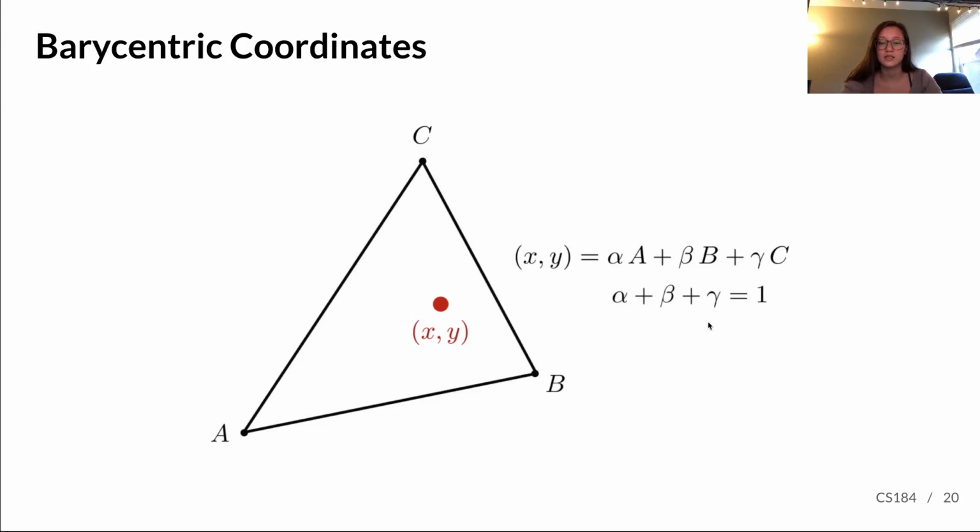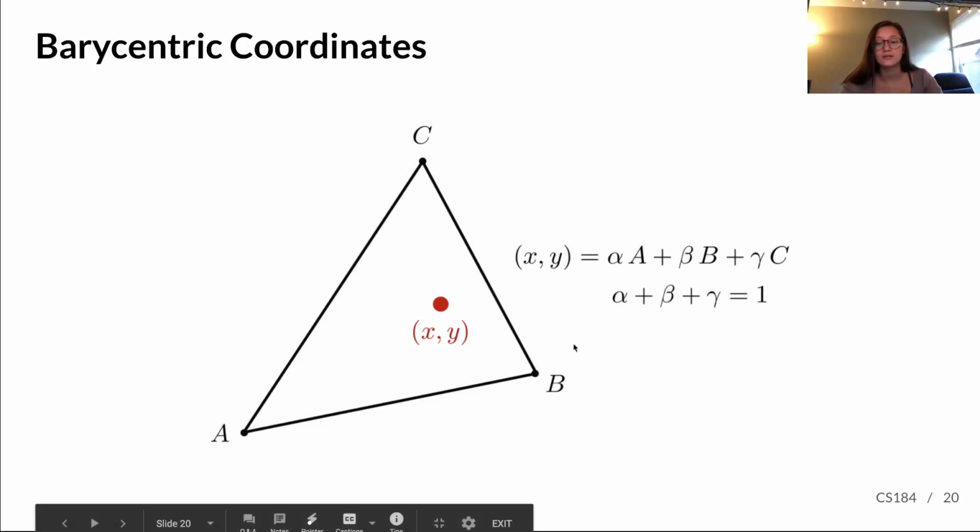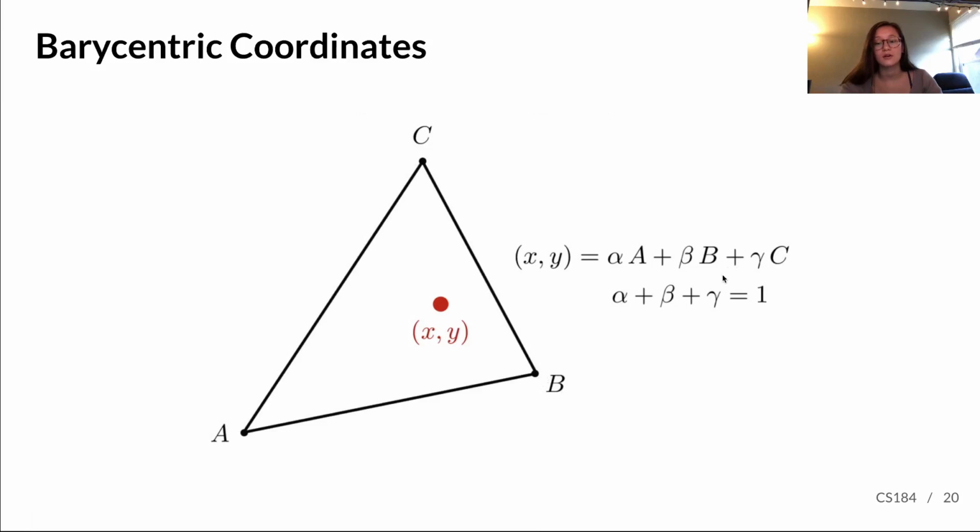So as you can see, we have this alpha, beta, gamma value for each xy point in the triangle. The alpha means how far away this xy point is from our A vertex. Beta is how far away we are from our B vertex. Gamma is how far away we are from our C vertex.